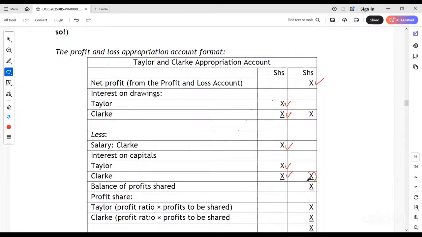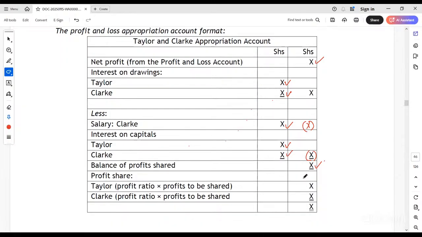Then we come up with a balance of profits to be shared. That is the profit that the partners are going to share according to their profit and loss sharing ratio, as we are going to see later in the questions.